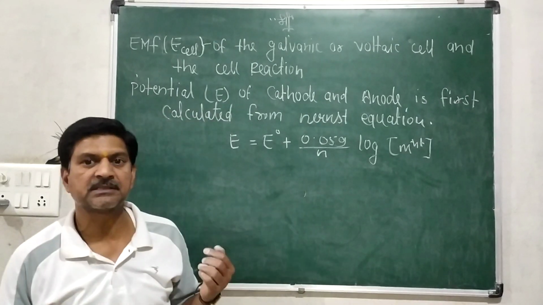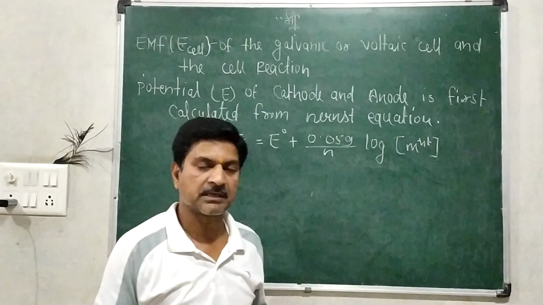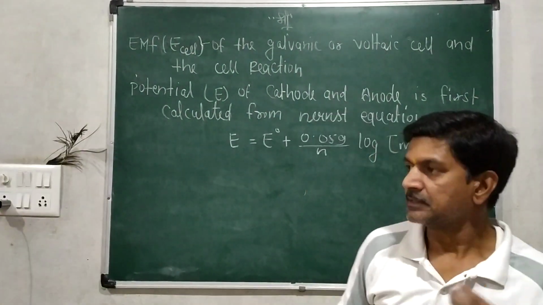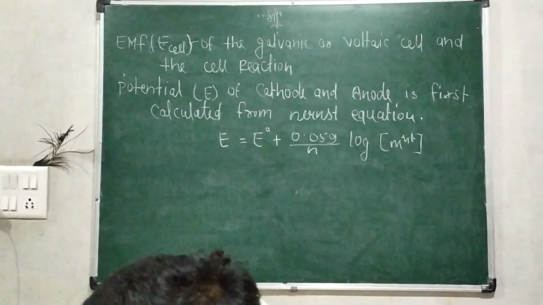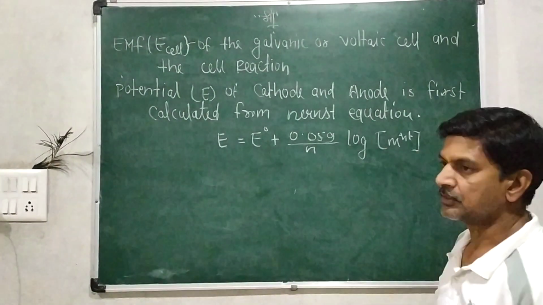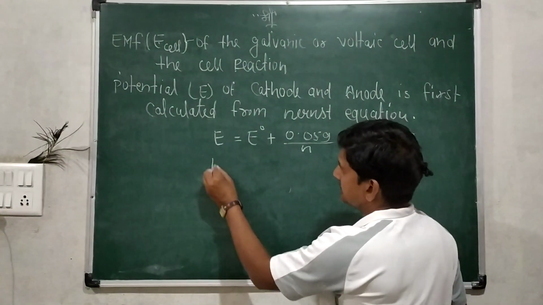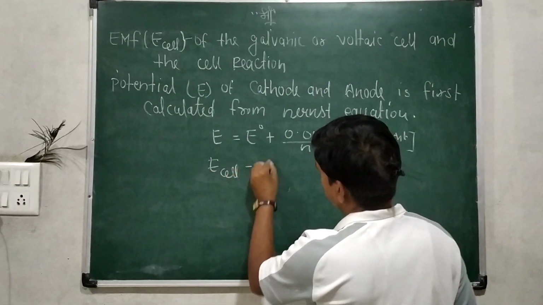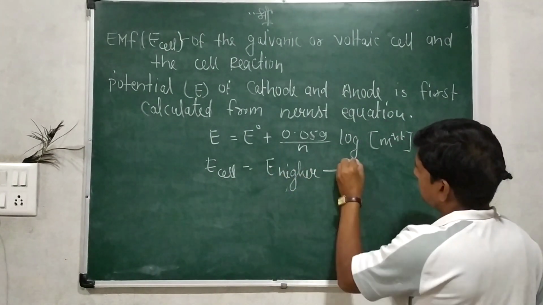E equals E naught plus 0.059 upon n log M to the power n. With the help of this, we will find out the cell reactions. EMF of the cell is calculated from the cell reaction, means E cell equals E higher minus E lower.